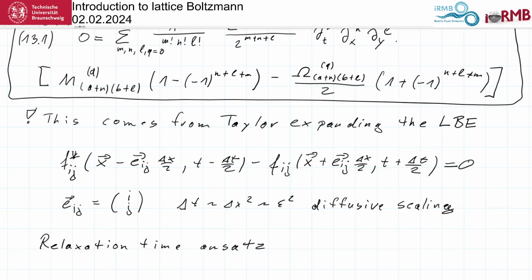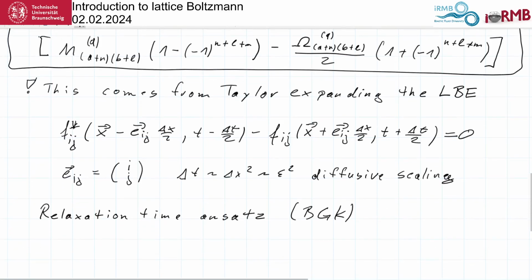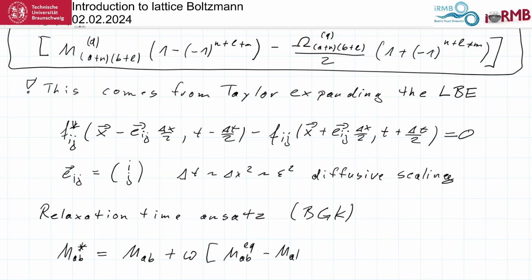Since our first challenge is to make it as simple as possible, we'll start with the BGK, single relaxation time ansatz. Then we have the moments M_AB post-collision, which is M_AB before collision plus the single relaxation parameter omega times the difference between M_AB equilibrium and the pre-collision state.